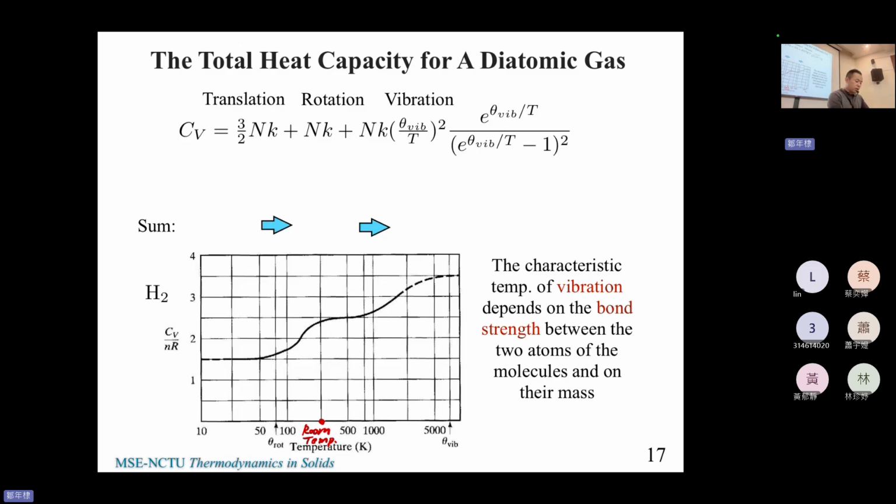So you can see that typically translation and rotation are excited. This is theta ROT, typically for H2. So theta ROT is here. Previously translation is activated, and after room temperature it activates the second rotational degree of freedom, but the vibrational is not activated.